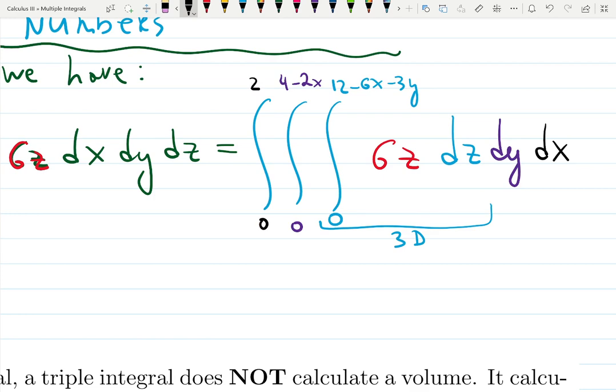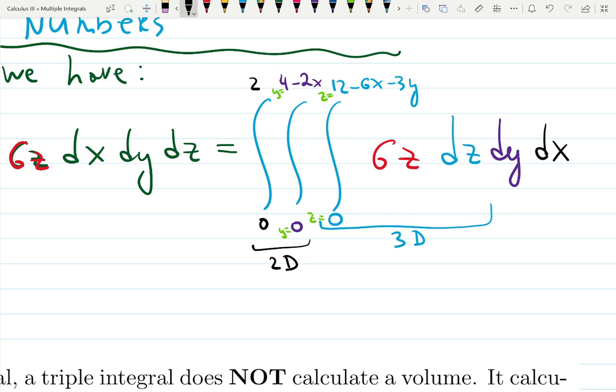Ta-da! That is the end. So this part comes from 2D. And also note, all of these are functions: z equals, y equals, and then numbers at the end. And this is your integral.